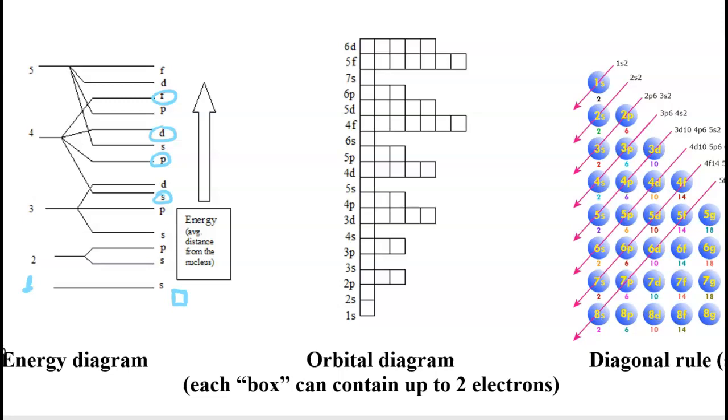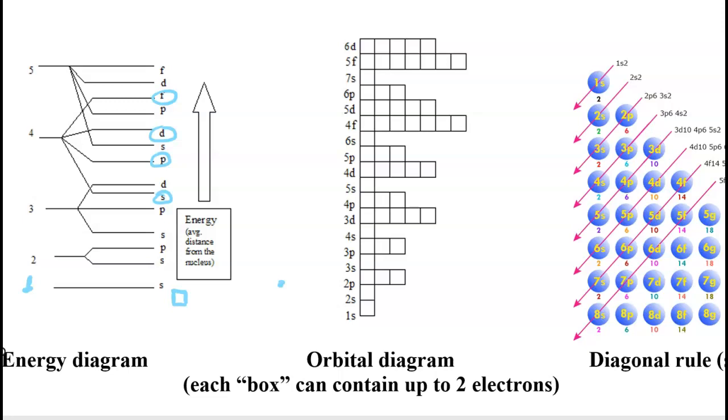Spin. The electron orbits around the nucleus, and at the same time it spins around itself. So it can spin clockwise or counterclockwise. That means spin.